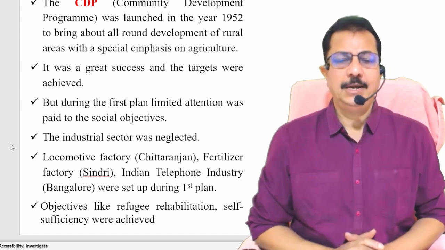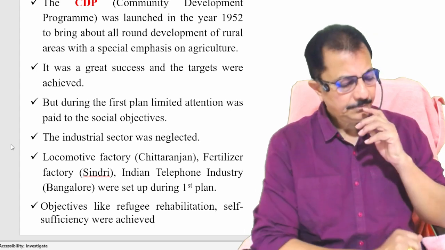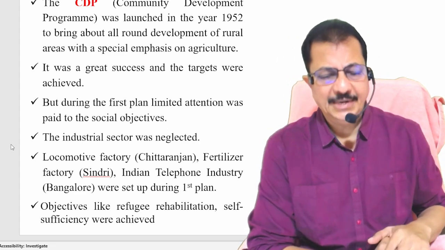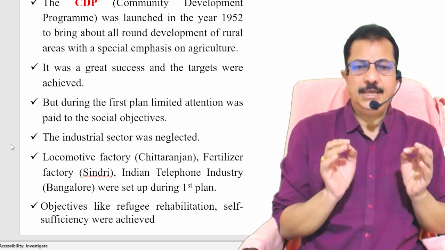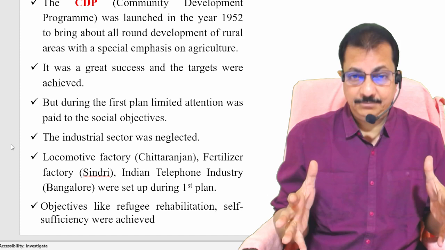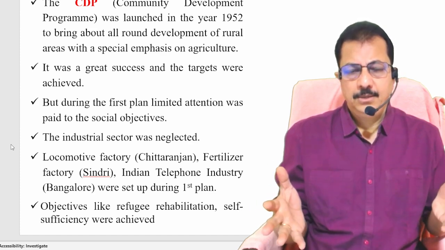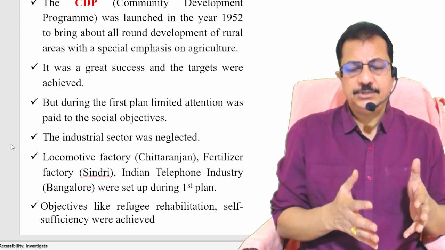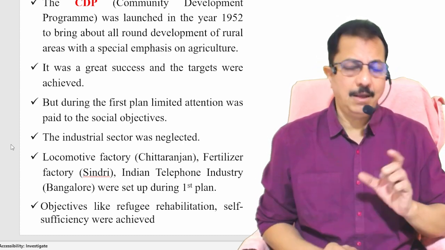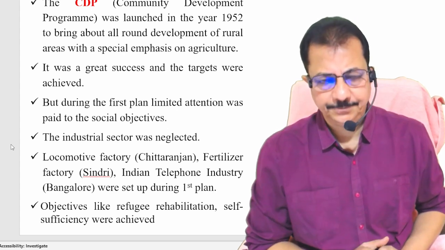Now let me tell you a few points regarding the community development program. When I say community, it is nothing but a place where a group of people live together, nothing but a village. So instead of calling it a village development program, it has been named the community development program, popularly called CDP.